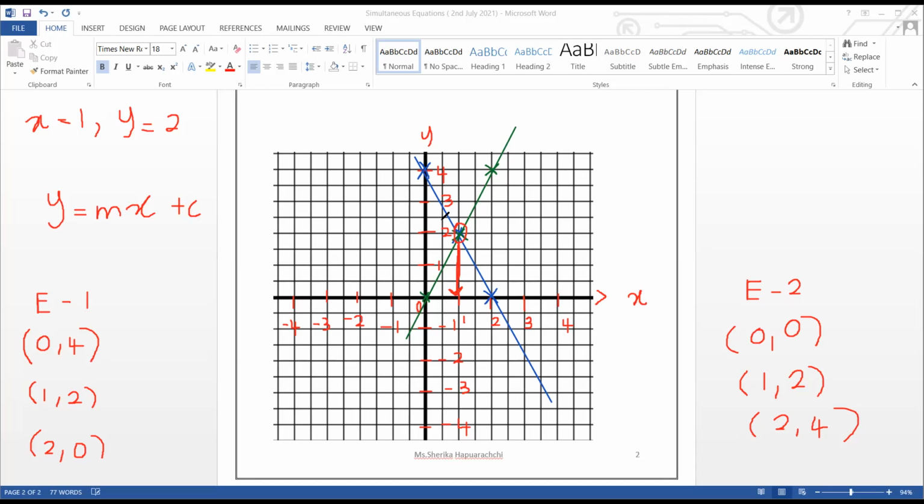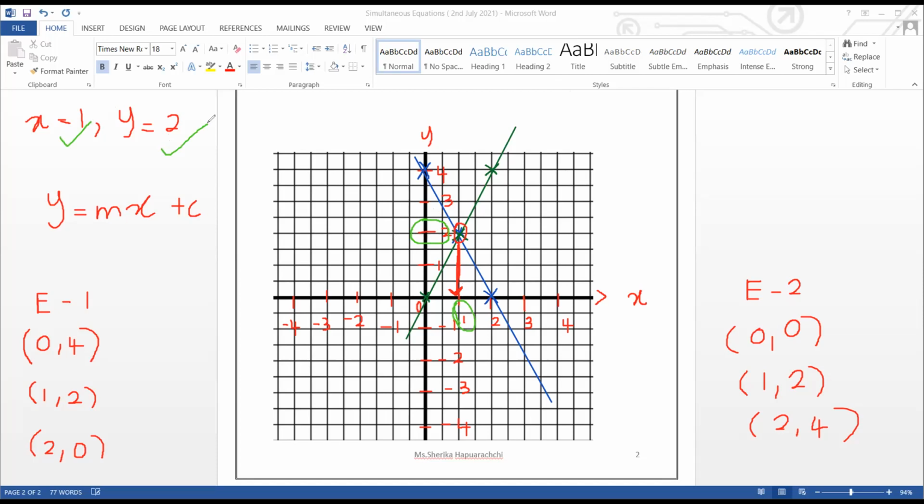I will take a different color. We'll just see whether we got the same answers from the previous method. Yes, x equals 1, yes we got, and y equals 2, right?